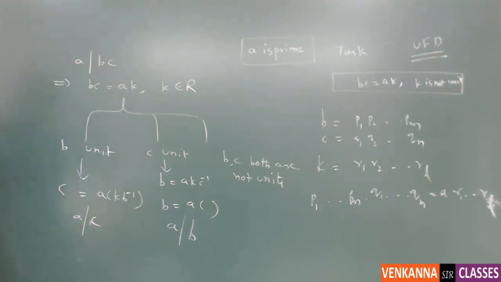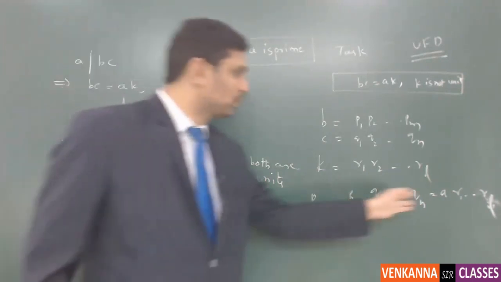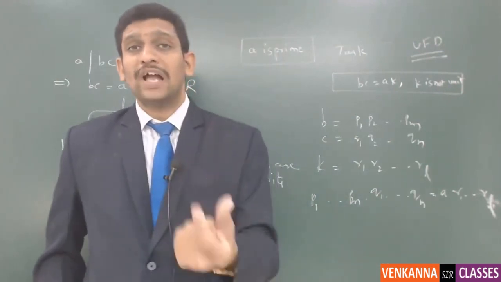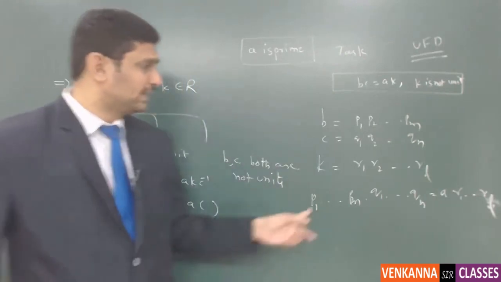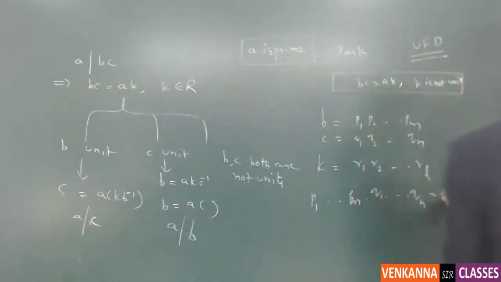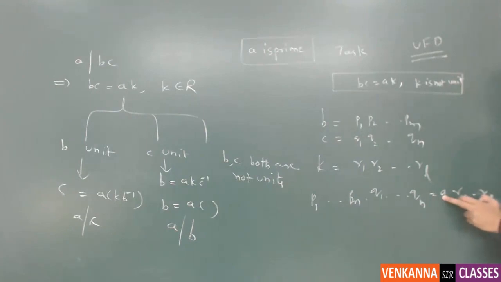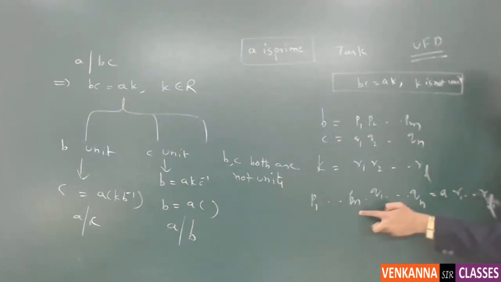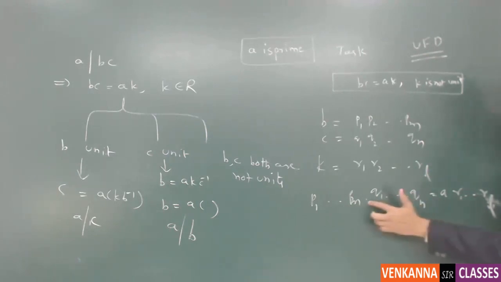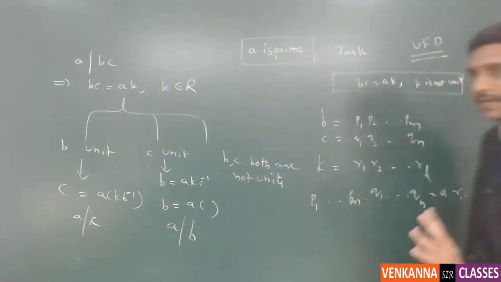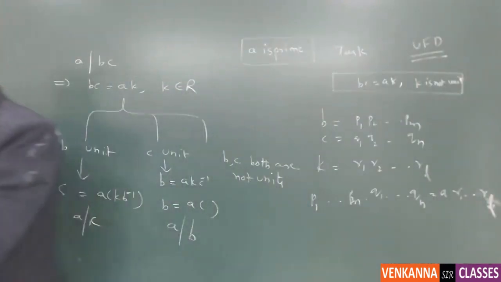Now, in the factorization, whenever one element has two representations, one value should be an associate of the other. So here, A must be an associate of one of the P values, or A must be an associate of one of the Q values. Agree? The definition of UFD. Yes or no?